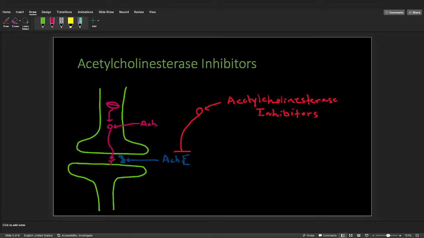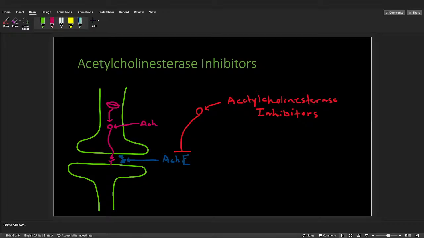But to prevent that, we use something called the acetylcholinesterase inhibitors, and these are things like donepezil, rivastigmine, galantamine. So that's essentially it. That's the main mechanism here for treating someone that has Alzheimer's.